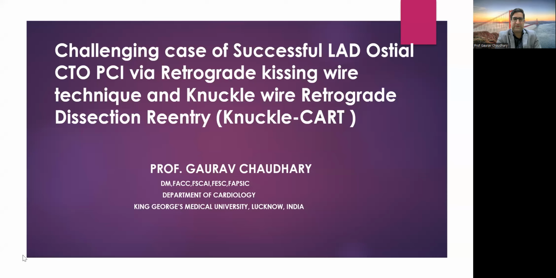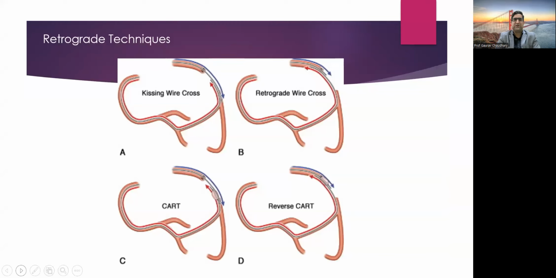Coming on to the case, we will discuss the diagram shown in figure C. In this, we can see controlled antegrade and retrograde tracking. That means the antegrade wire is being tried to negotiate across this CTO segment into the distal true lumen.